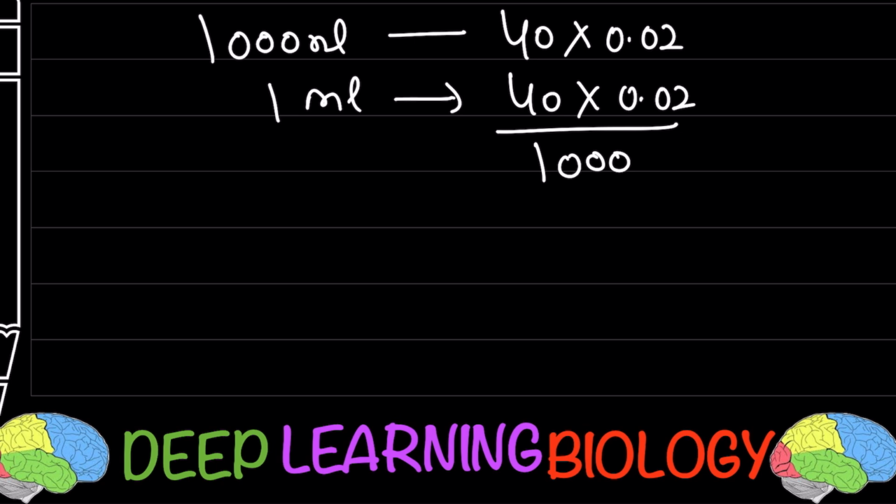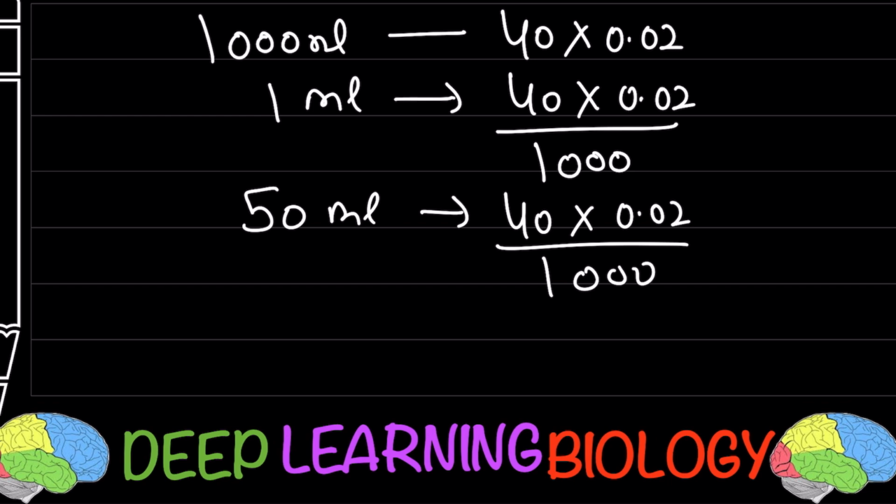And in this question, for 50 ml of 20 millimolar NaOH, how much will be required? 40 into 0.02 divided by 1000 multiplied by 50. If you solve this, it comes out 0.04 gram.